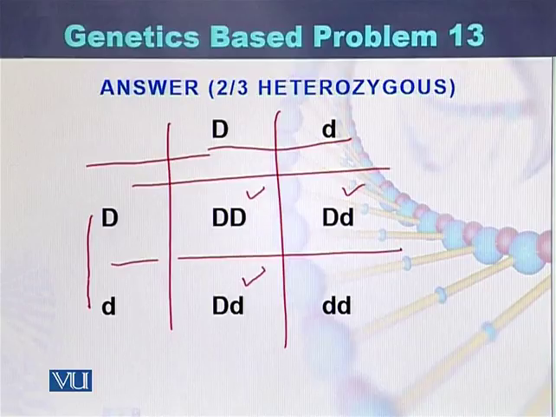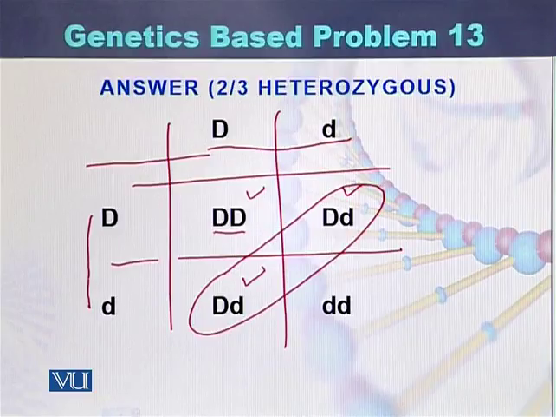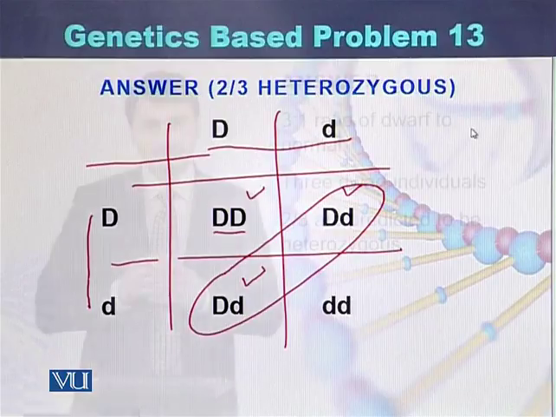Out of 3 individuals who have the dominant allele, 2 are heterozygous. This individual is homozygous dominant, but these 2 individuals are dominant and heterozygous. So we can say that 2/3 of the dominant would be heterozygous.